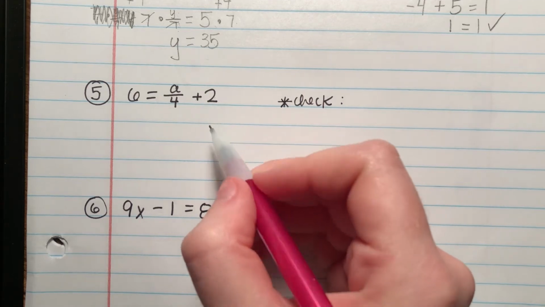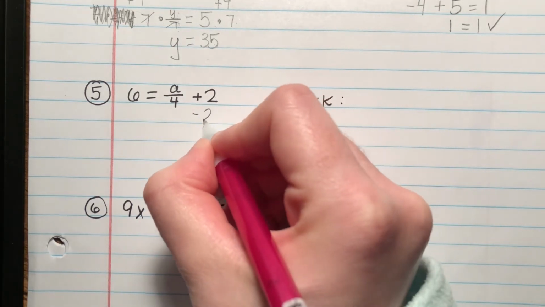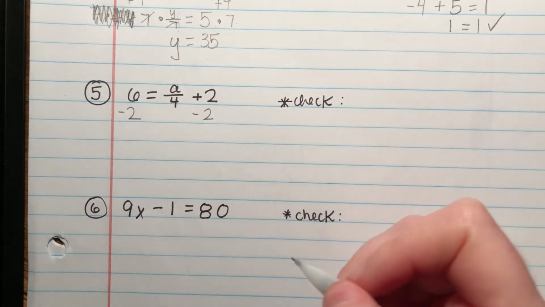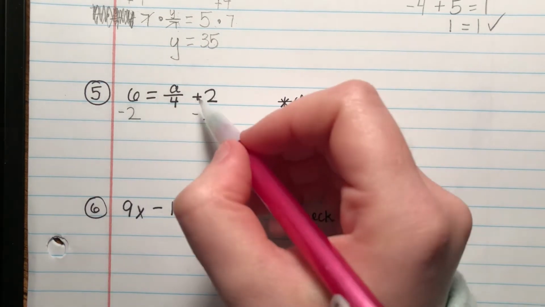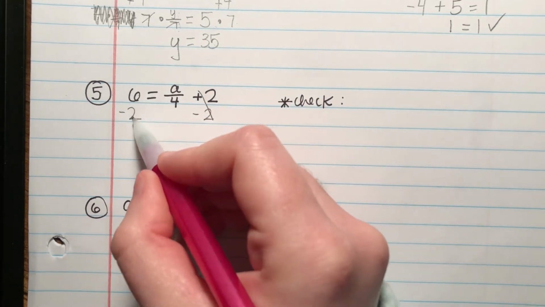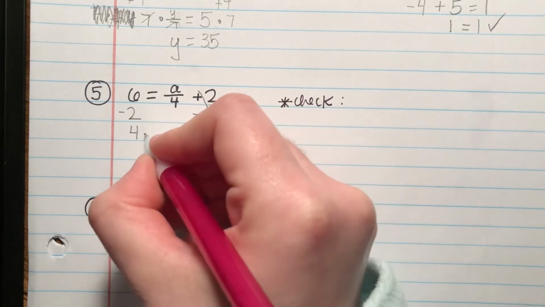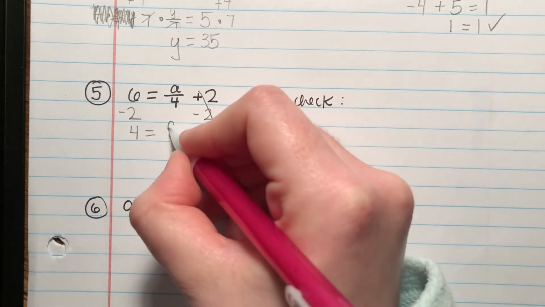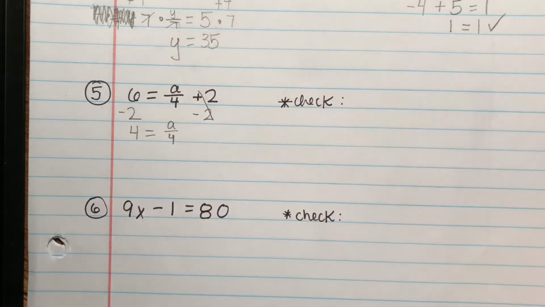What is the opposite of addition? It's subtraction. So I'm going to subtract 2 on both sides of the equal sign. That's going to cancel because 2 minus 2 is 0. So 6 minus 2 gives me 4 equals a over 4.